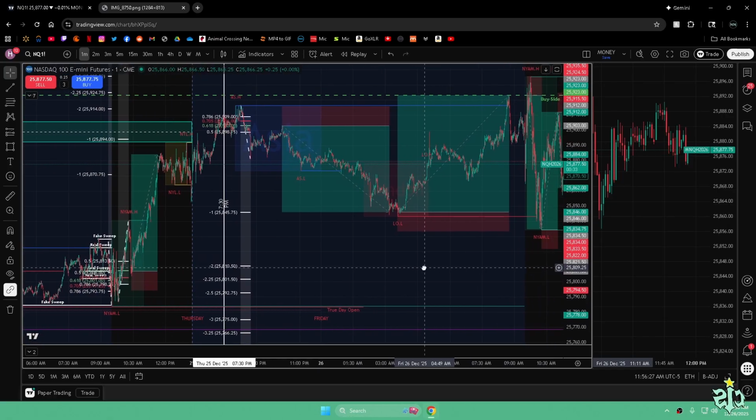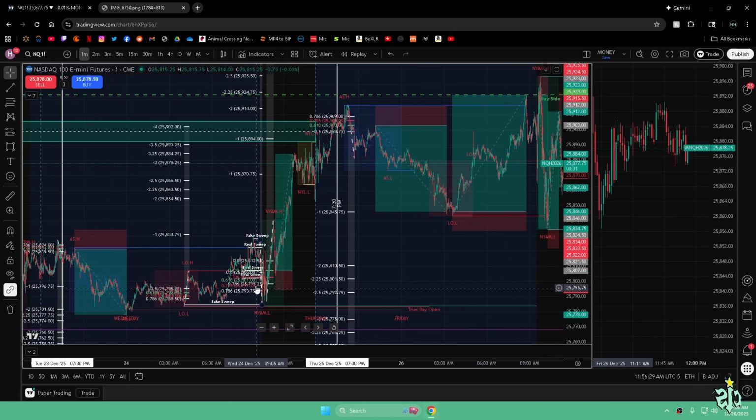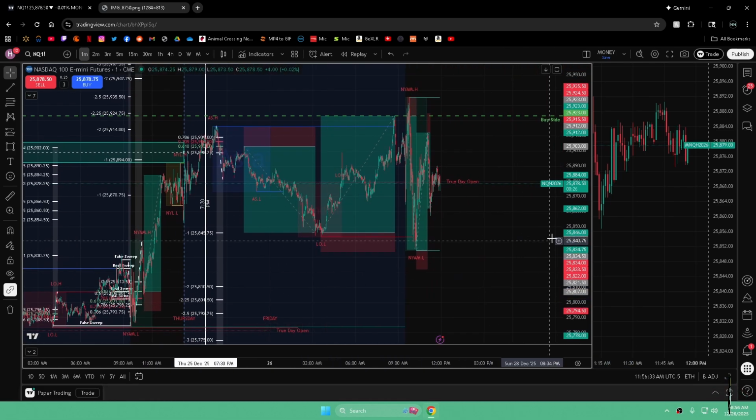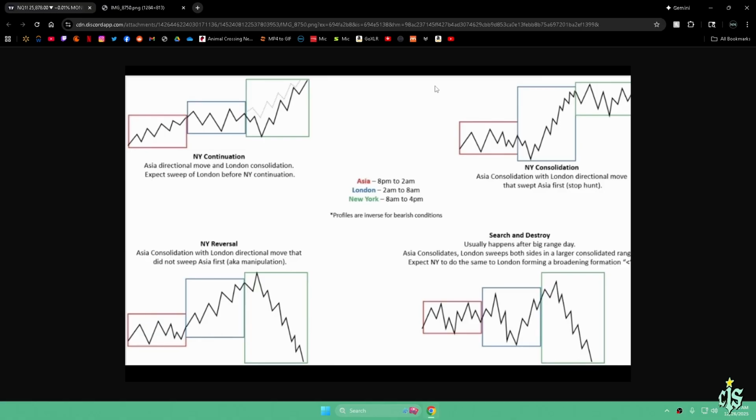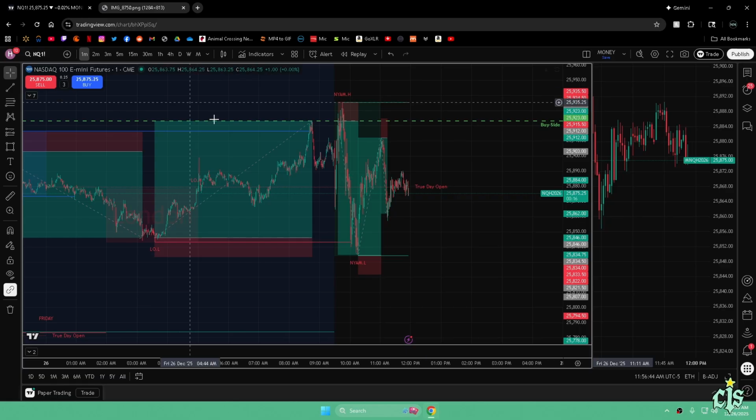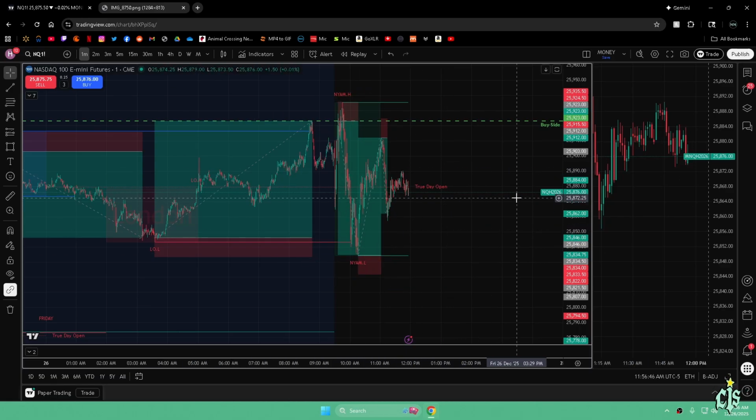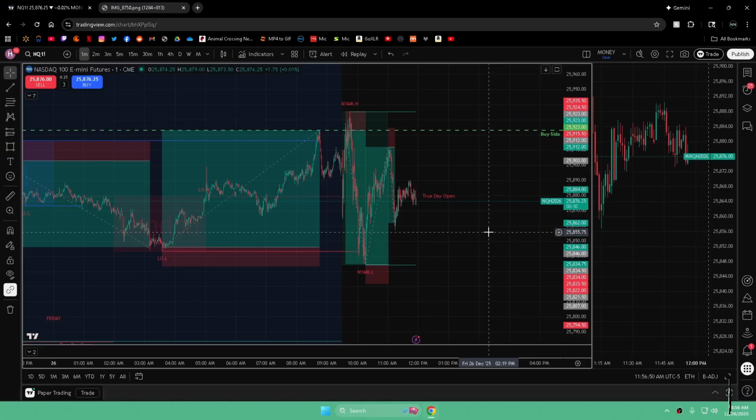Now, like I said, this was a reversal and a continuation. What was this? A reversal. So just implementing these and looking how New York, what is it aiming for? You could base your draw and your bias on that. But yeah, those are the possible trades you could have taken.